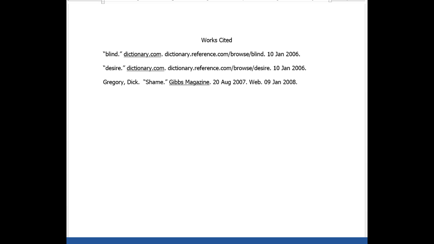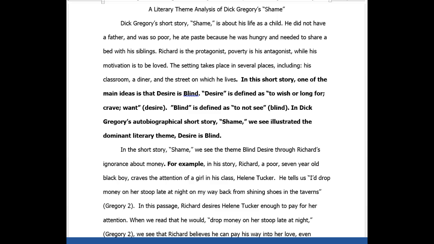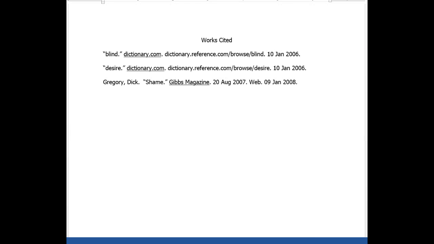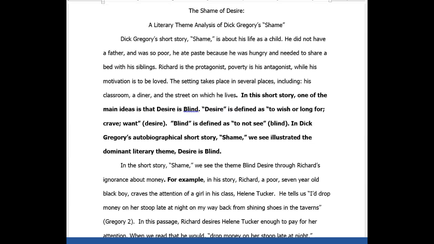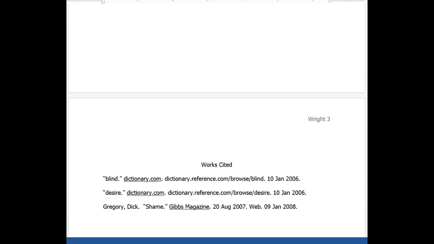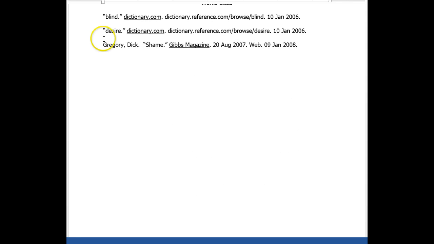And you'll notice that up here, especially in the intro paragraph, when I was defining themes, desire is defined as to wish or long for, to crave or to want. Then you go down to the works cited page. There's desire. I got it from dictionary.com. That's where I got the definition, and I got it on the 10th of January 2006.